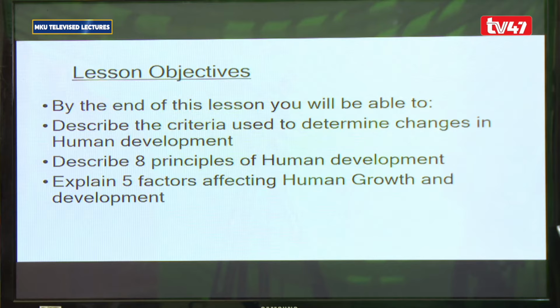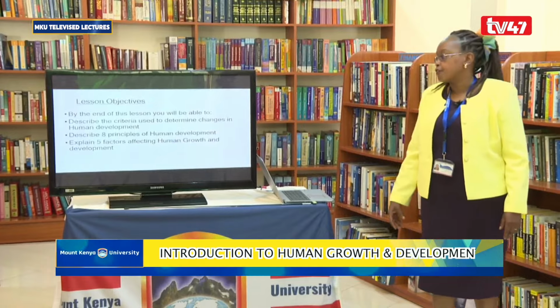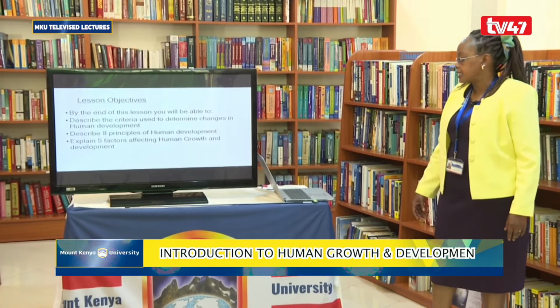Because as a teacher, you have to have a rough idea. How will you know that development has taken place in your learner and the different members of the school community? You'll also be able to explain the factors that affect human development, at least 5 of them, and then you also have to have a rough idea about the principles that inform human growth and development.